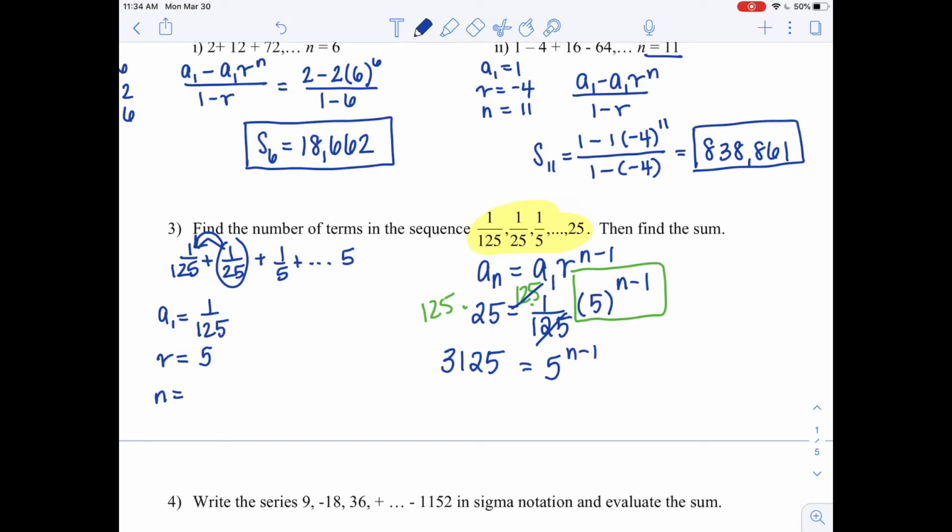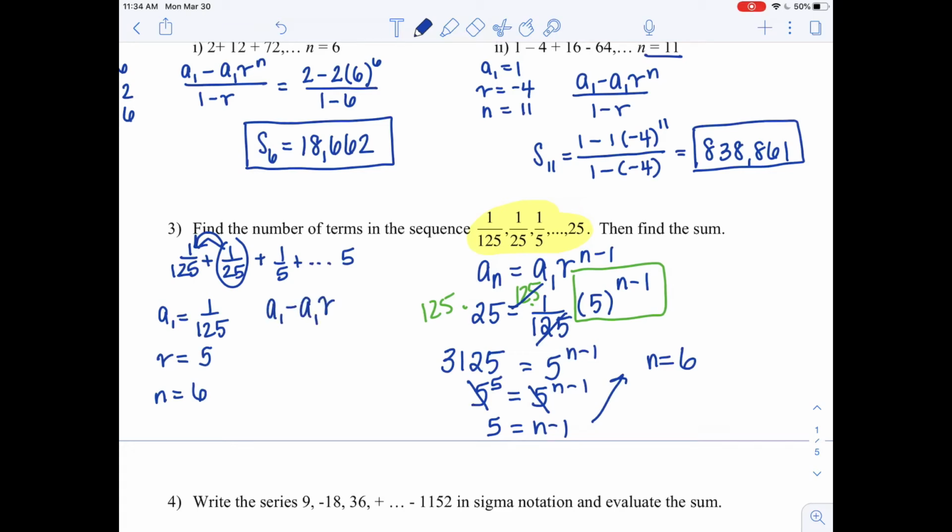So if I think about powers of 5, the fifth power, you'll find out that the left-hand side comes out to be 5 to the fifth, and the right is 5 to the n minus 1. So once I get both sides to have that common base, I can drop my bases, I can set my powers equal, 5 is equal to n minus 1, and that tells me here that n equals 6.